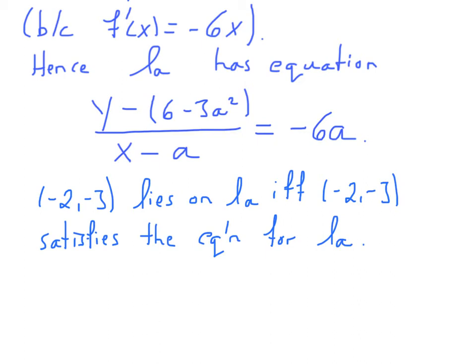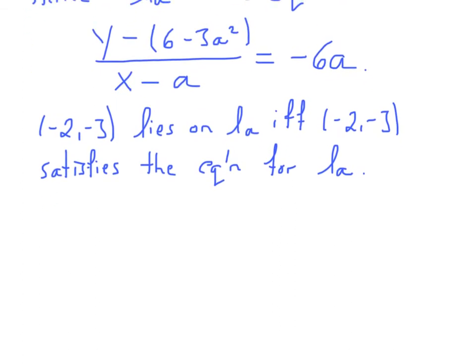Alright, so we'll solve for all values of a such that (-2, -3) satisfies the equation of L sub a. That's what we're going to do now. Okay, so (-2, -3) satisfies this equation if and only if, when we replace our y here by -3 and our x here by -2, the equation is satisfied.